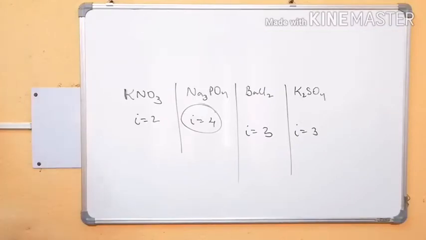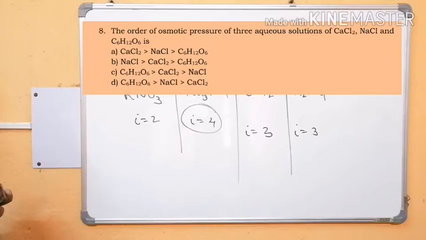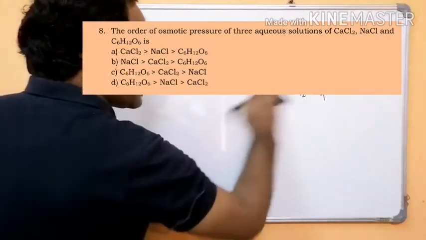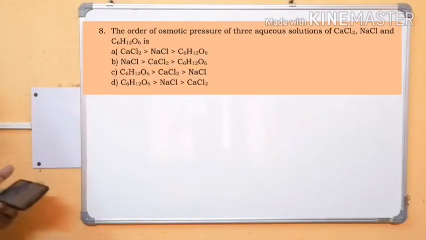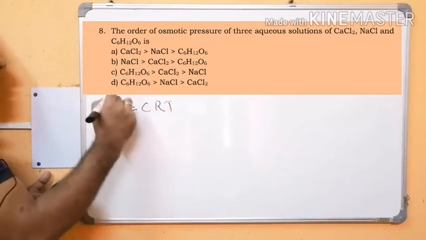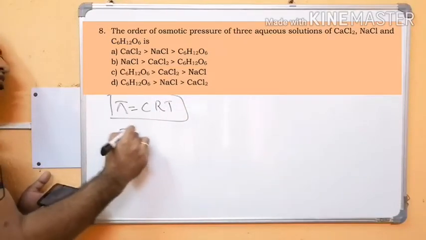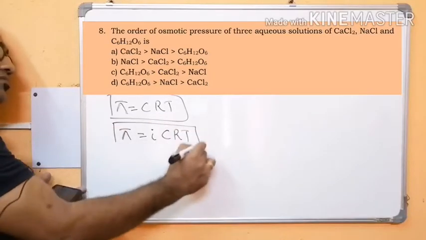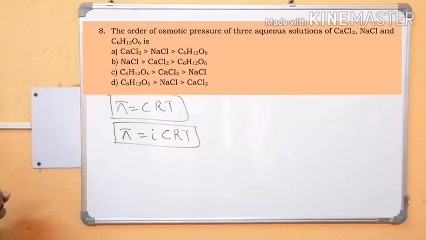This one is on osmotic pressure. The order of osmotic pressure of three aqueous solutions of calcium chloride, sodium chloride and glucose. Now we know the formula for osmotic pressure is pi equal to CRT. Whenever there is an electrolyte, the equation becomes pi equal to i into CRT. Now you can see the concentration of the solution is not mentioned here.